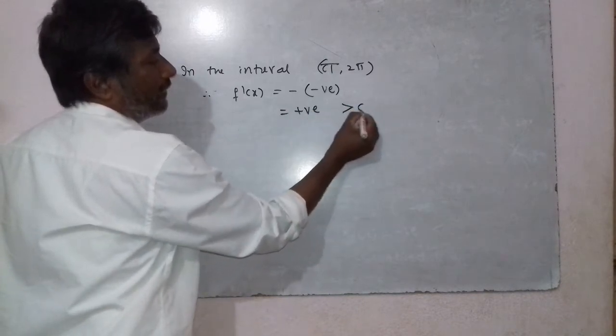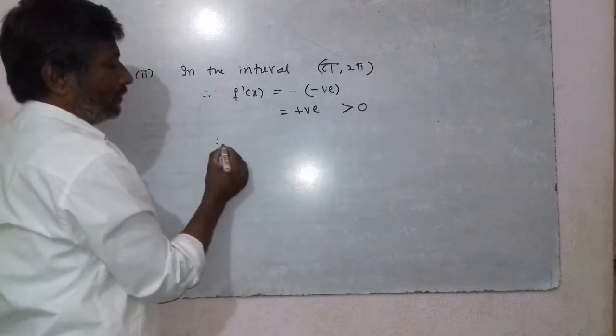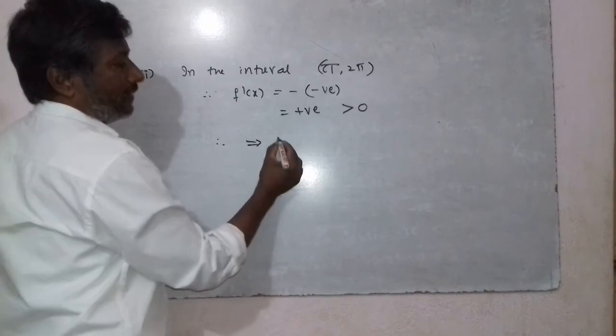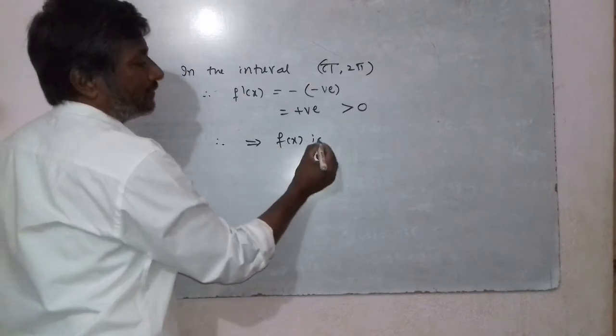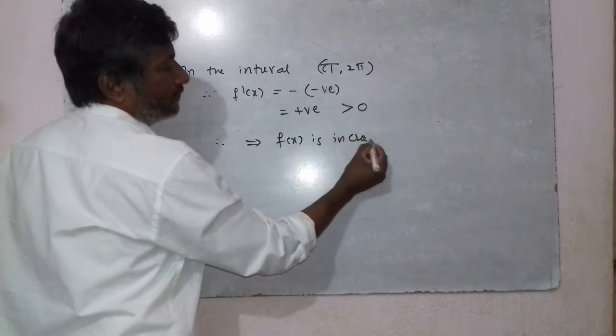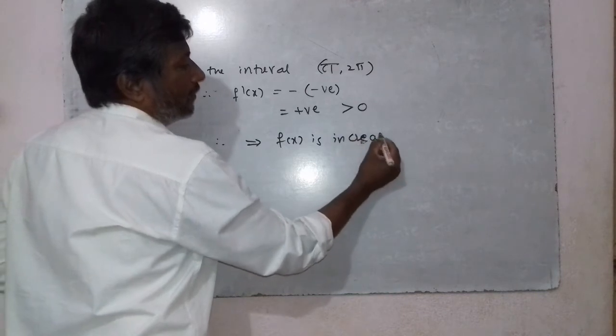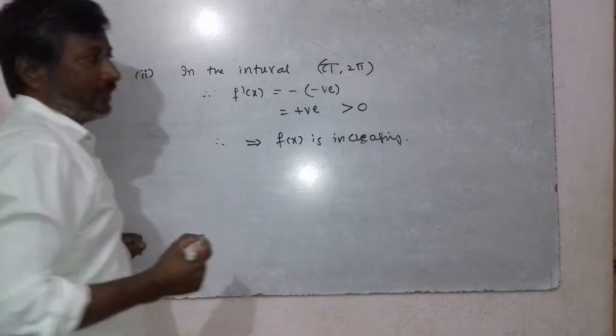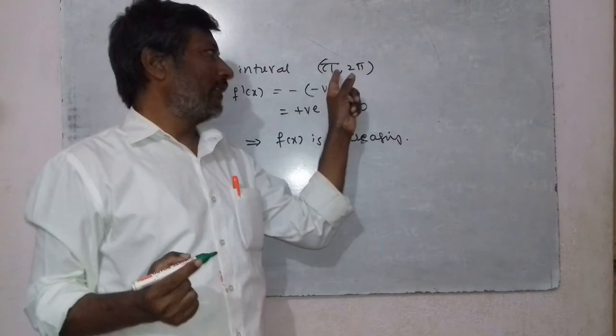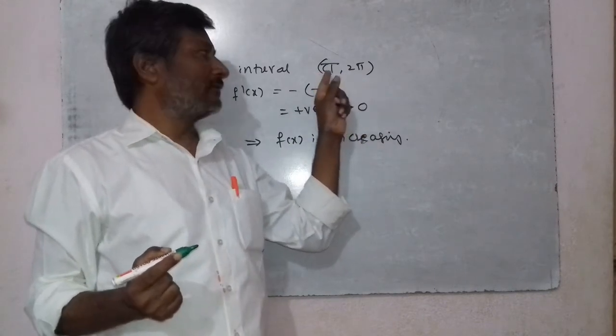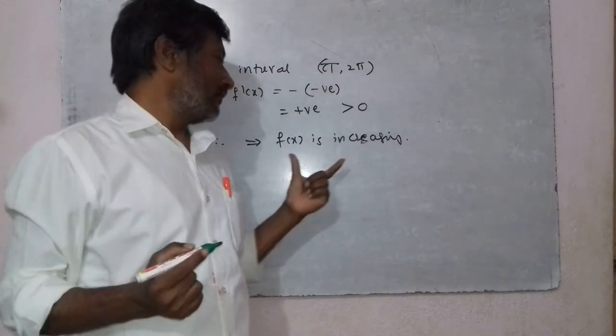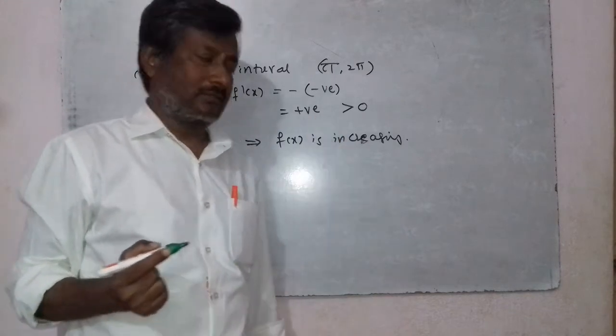So therefore, greater than 0. So this implies f x is increasing in pi to 2 pi.